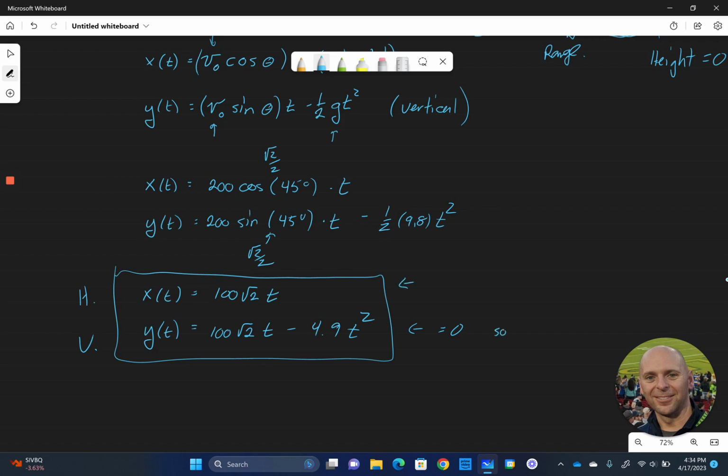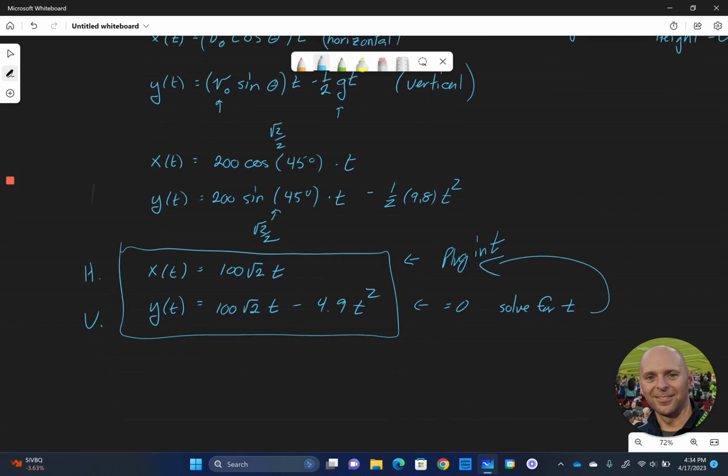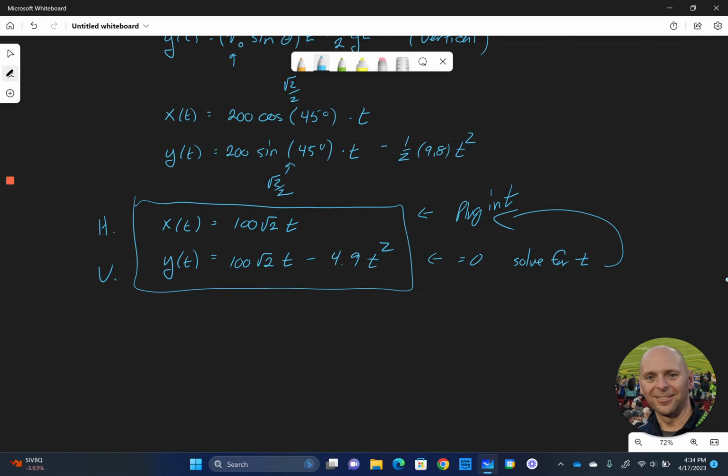So we will solve here for t when it's equal to 0, and then we'll take that t and plug it into our horizontal distance function. So let's work through that. I get 100 square root 2 times t minus 4.9 t squared, and set that equal to 0.